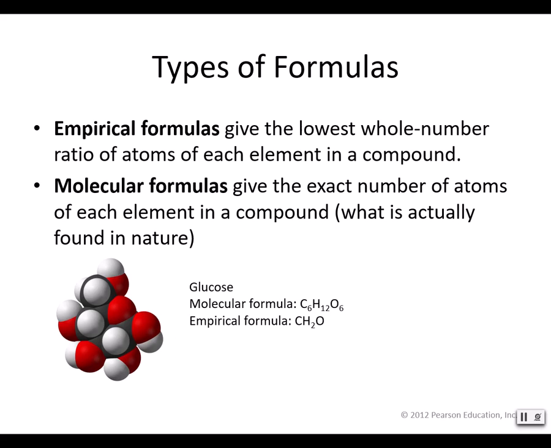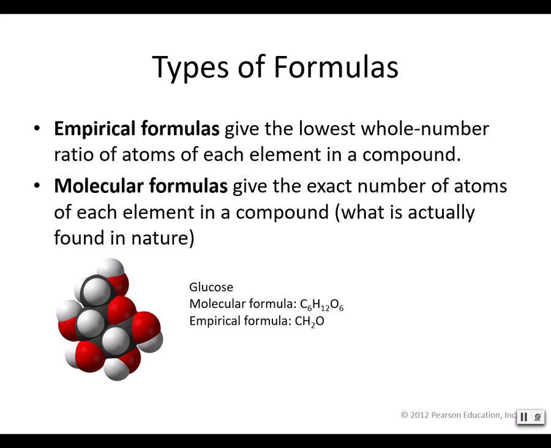But as we'll find out in Chapter 3, empirical formulas are really important to chemists because oftentimes when chemists are identifying a brand new compound or trying to determine the identity of an unknown, they will do experiments that can easily determine its empirical formula, its simplest whole number ratio of atoms in a compound. And then from other data they can determine its actual molecular formula.